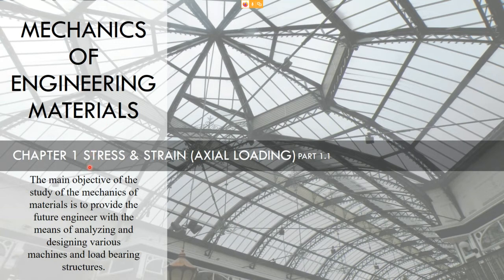Now, the first chapter we are looking at is on stress and strain. Okay. Now, the main objective of the study of mechanics of materials is to provide the future engineer with the means of analyzing and designing various machines, various parts of machines, various machine components, and load and structures.